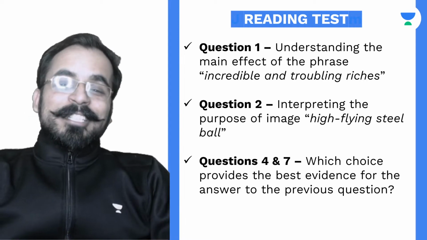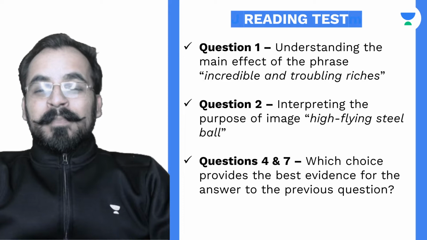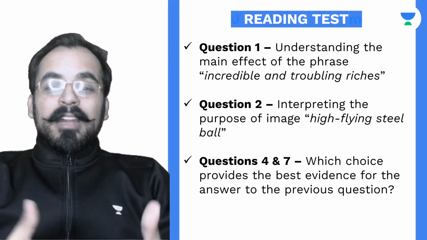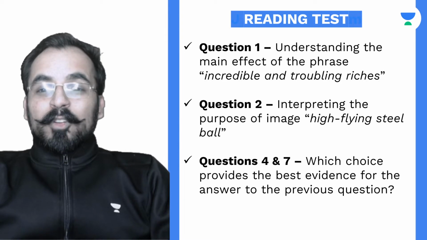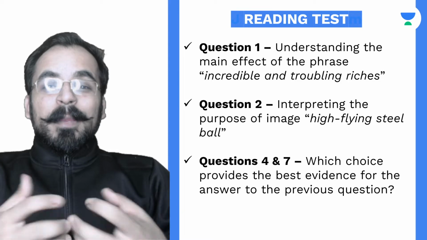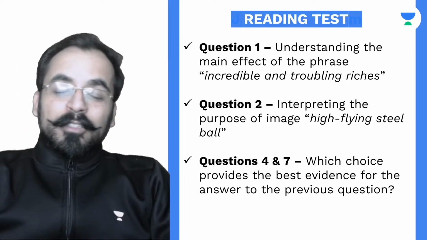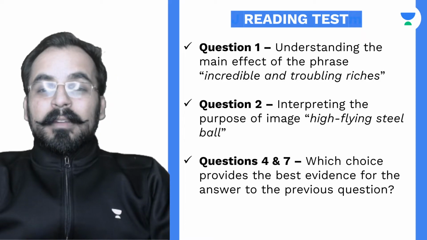Now let's discuss what were the types of questions asked in the exam. Question number 1, a very important question where you are sometimes supposed to understand what effect or impact a particular phrase has in the context of the passage. That was repeated here.